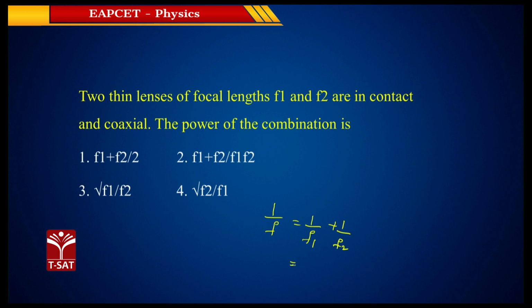Here cross multiplication: F2 plus F1 by F1 into F2, that is 1 by F. Here this 1 by F is equal to the power of the lens, that is P. Therefore P is equal to F1 plus F2 by F1 F2.